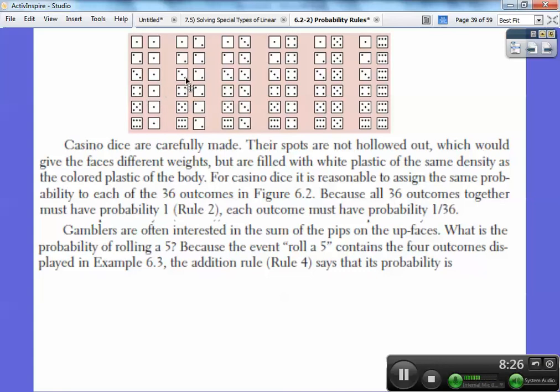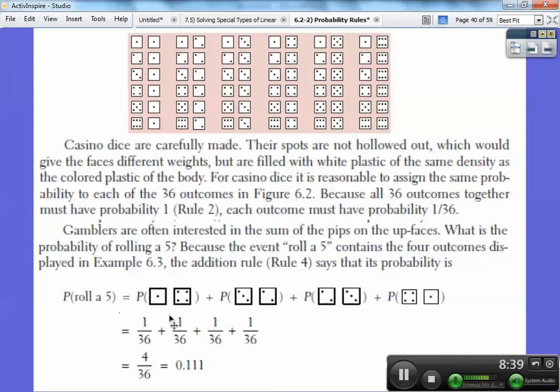I can get a 3 and a 2. I can get a 2 on the first dice, a 3 on the second, and I can get a 1 on the first dice and a 4 on the second. So there are 4 different ways I can roll a sum of 5. So there are 4 ways out of 36, and 4 out of 36 is 1/9, you guys.